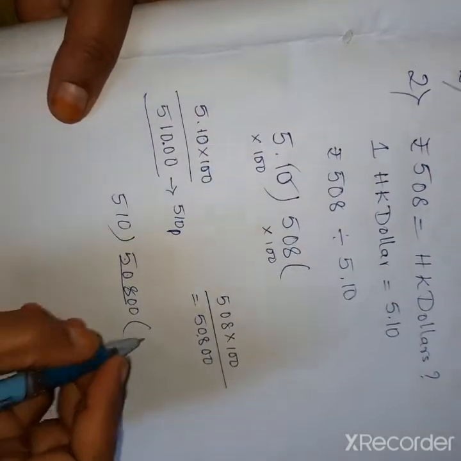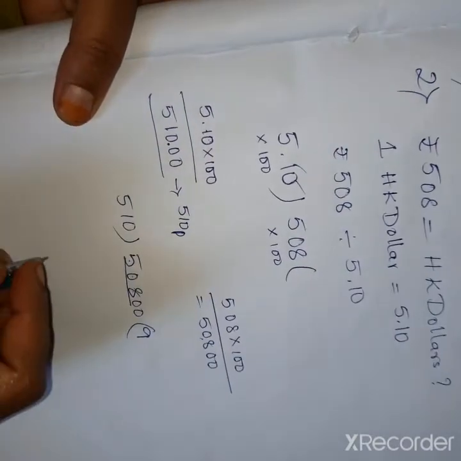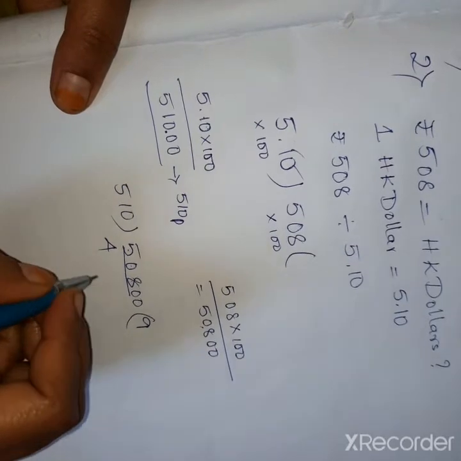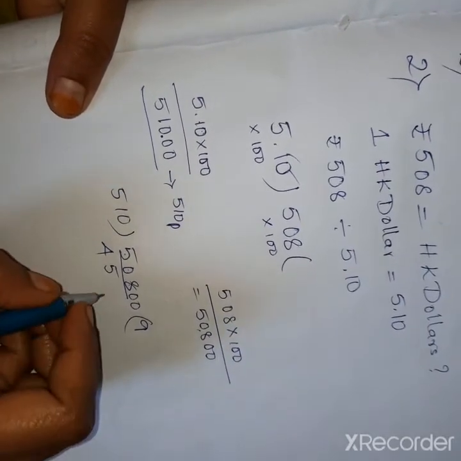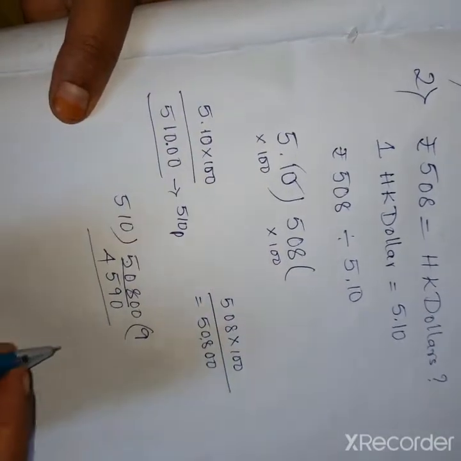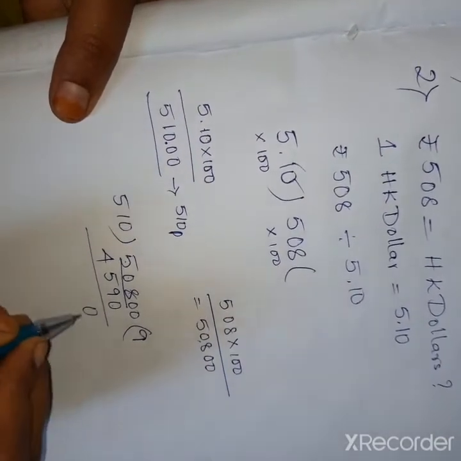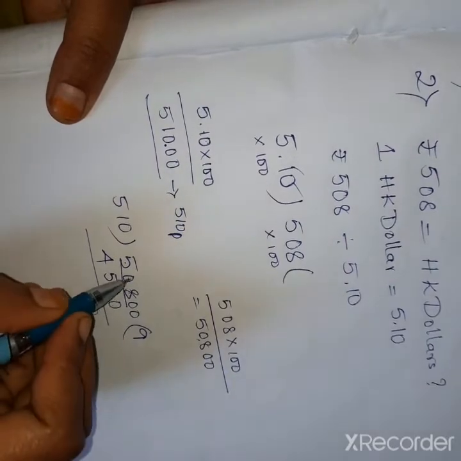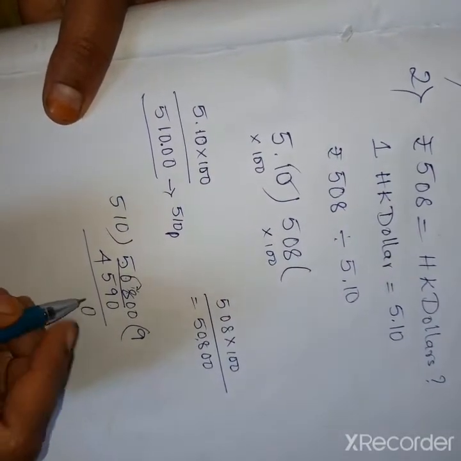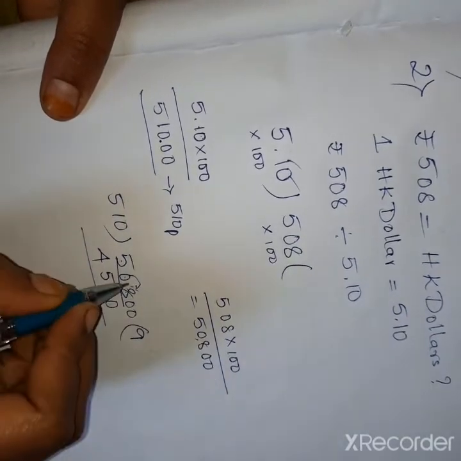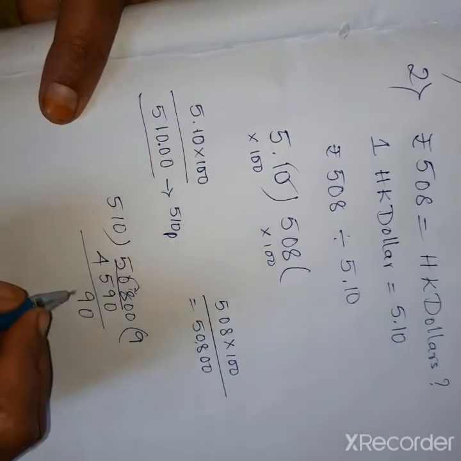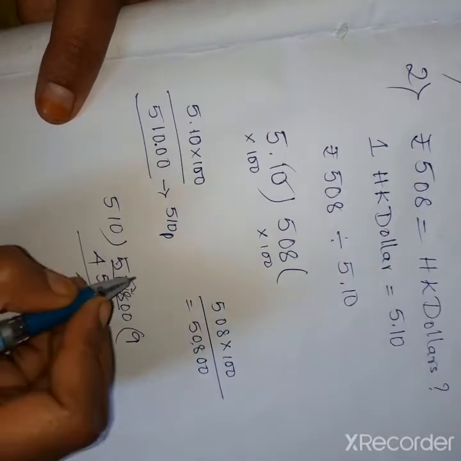So 510 into 9, if we do, we will get 4,590. Okay, now we have to do the subtraction. 0 minus 0, 0. 8 minus 9 we can't do, so we have to borrow. 18 minus 9 means 9. This 0 will become 9. 9 minus 5, 4. And this 5 becomes 4.